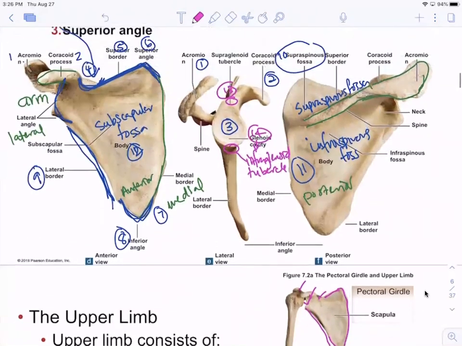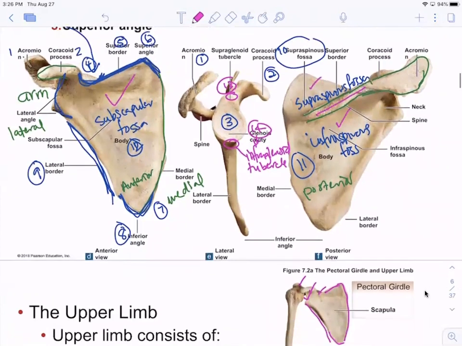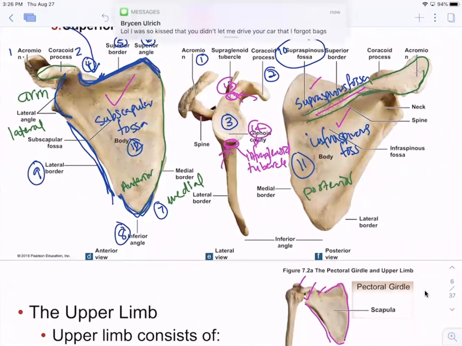And then you can go supraspinous fossa, infraspinous fossa, subscapular fossa, spine, and then the supraglenoid tubercle and infraglenoid tubercle. For the biceps brachii, one of the tendon attachment sites is the supraglenoid tubercle, and the triceps brachii originates from the infraglenoid tubercle.